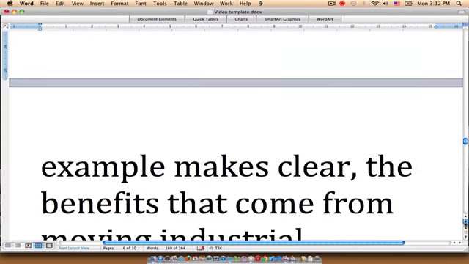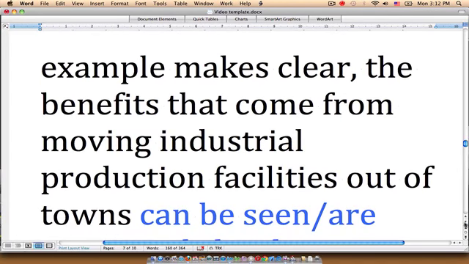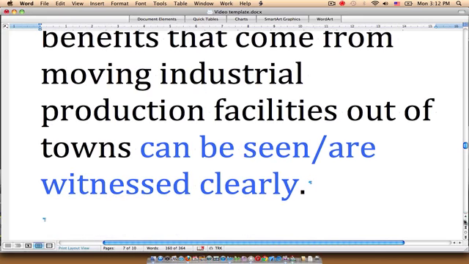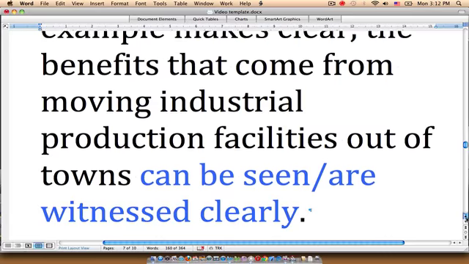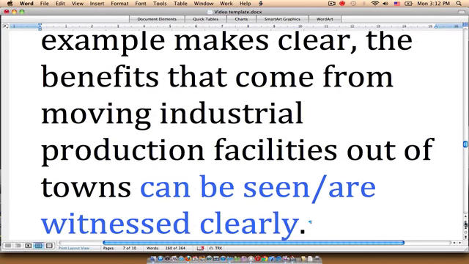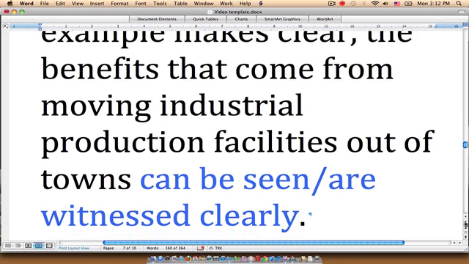As this example makes clear, the benefits that come from moving industrial production facilities out of towns can be seen. Or, as this example makes clear, the benefits that come from moving industrial production facilities out of towns are witnessed clearly. Okay, now often when we draw a conclusion, we use the phrase that something can be seen.